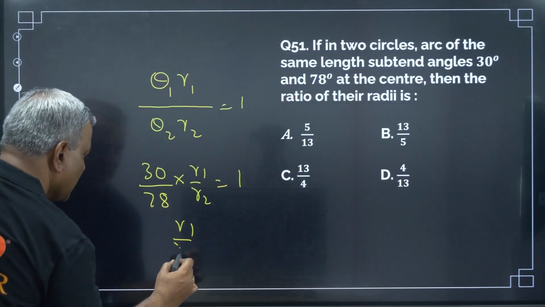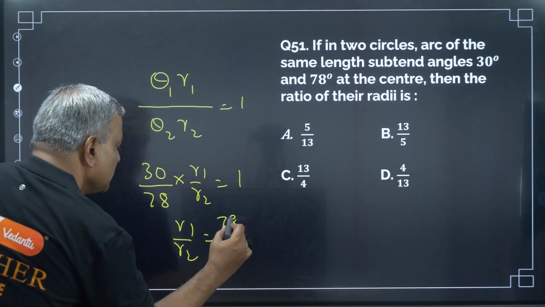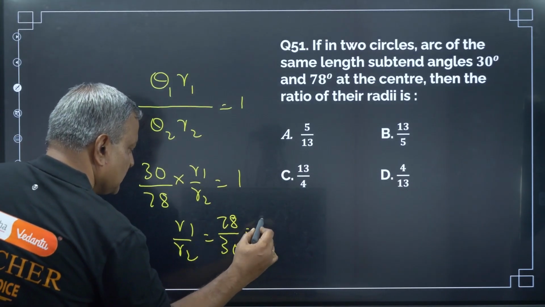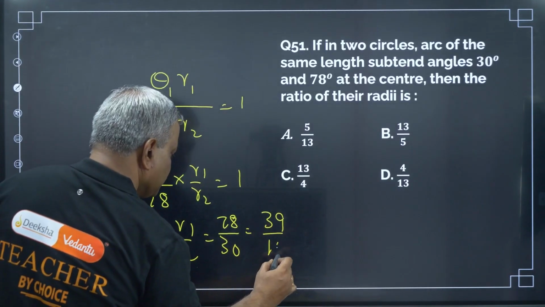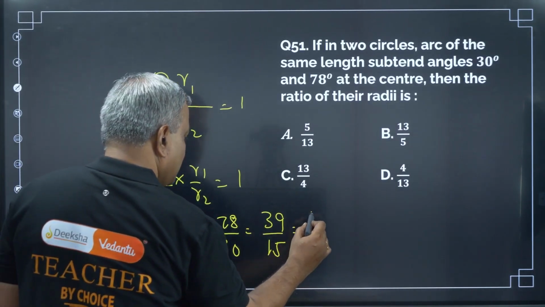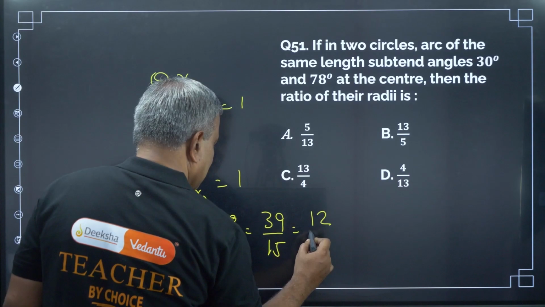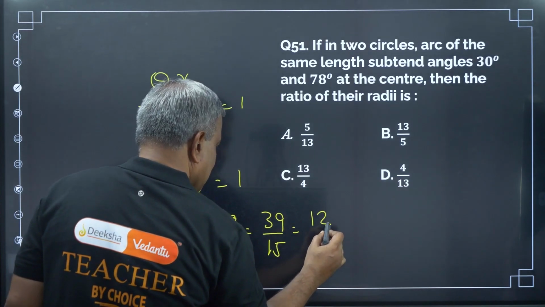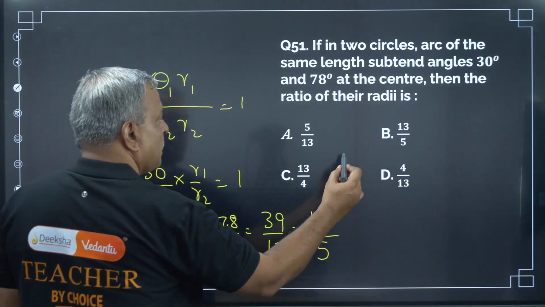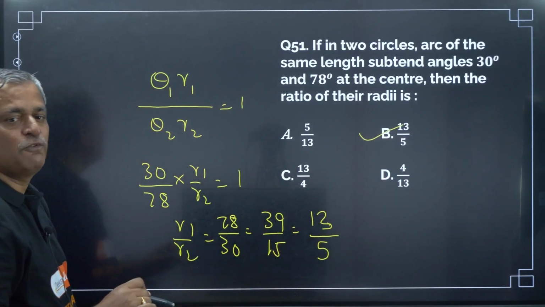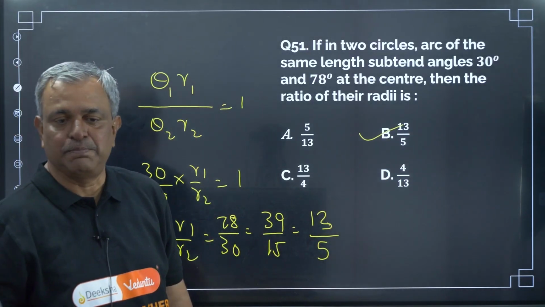So r1 by r2 is equal to 78 by 30. This will give you how much? This is 39 by 15. Again 13, 3s are 39, and this is 5. If you don't know the formula, nobody can help you.